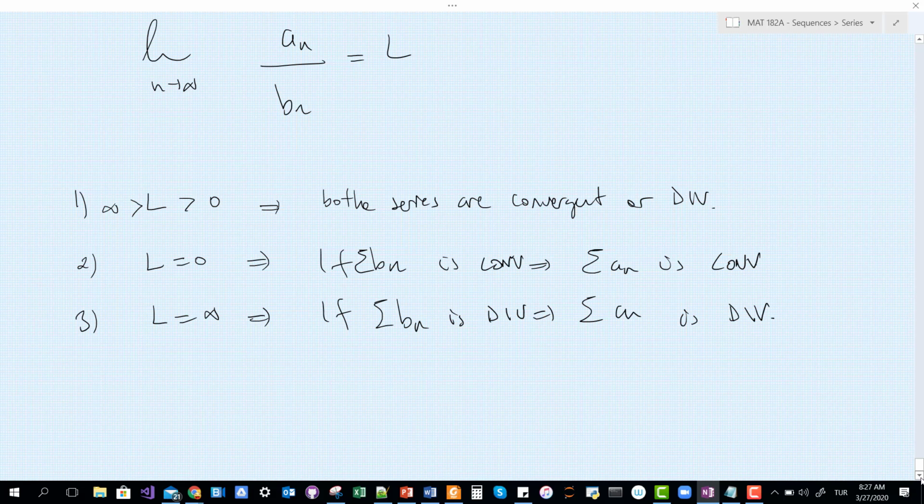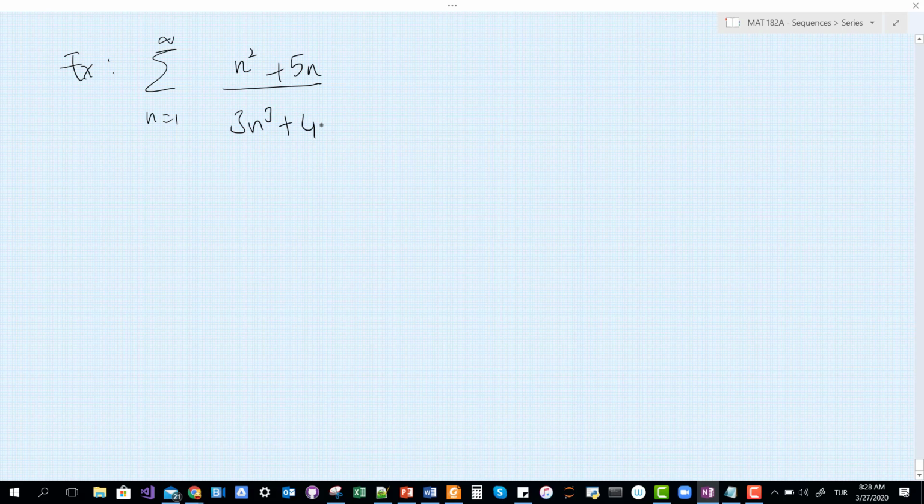Let's look at some examples. The first example is going to be similar to what we have done in the comparison test section. I have a rational, polynomial type of series, like this one, and I want to use the limit comparison test.